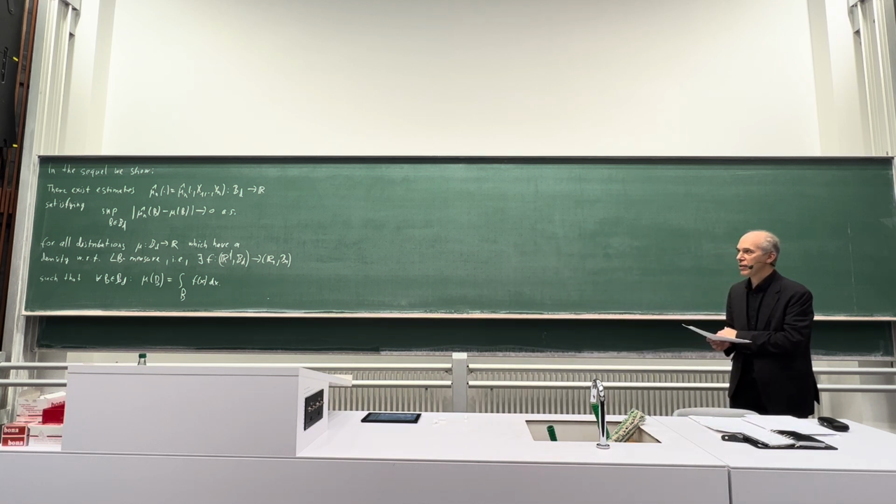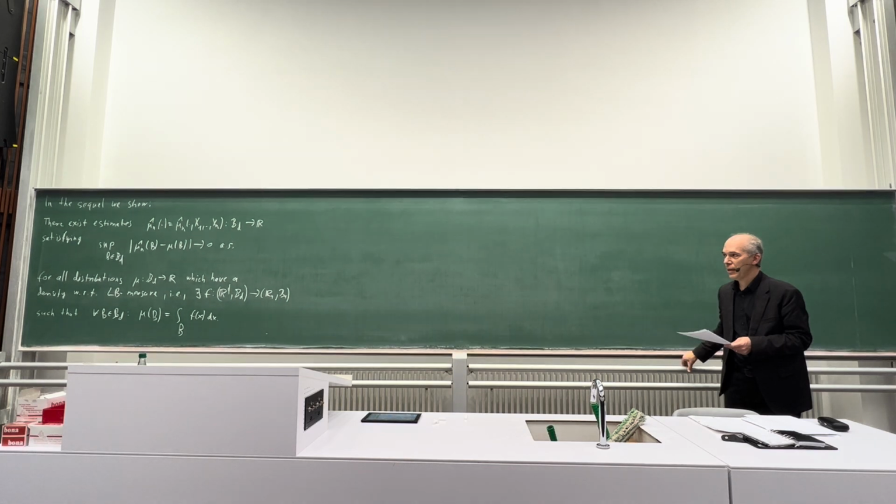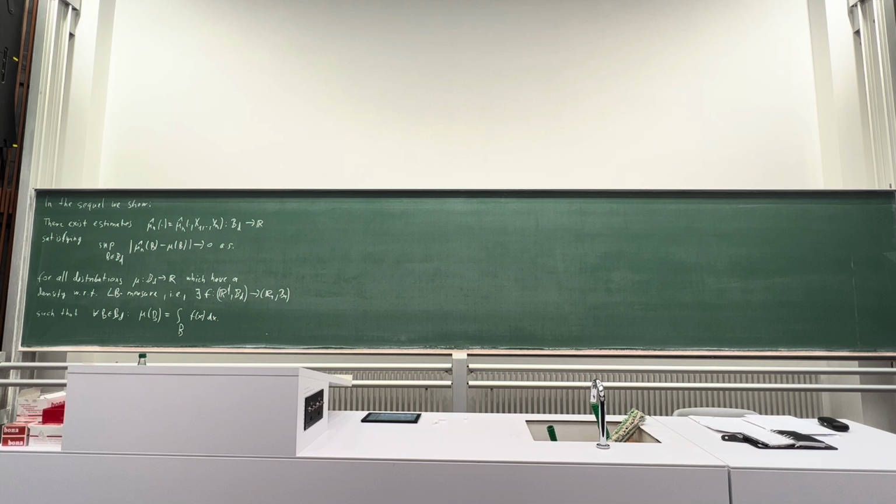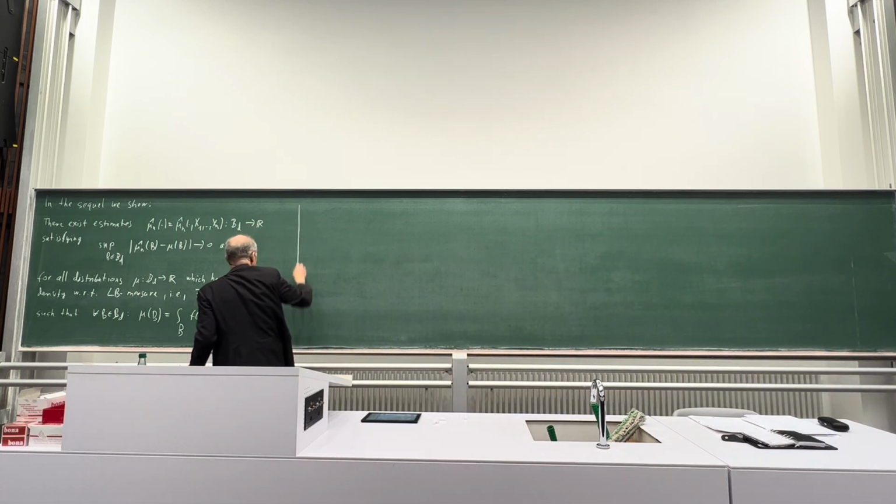And you can construct such estimates on the basis of density estimates. And the main tool to show this is the next lemma, which is the lemma of Scheffé, Lemma 3.2.